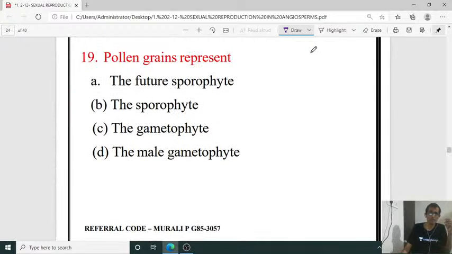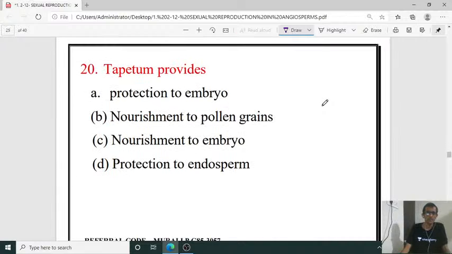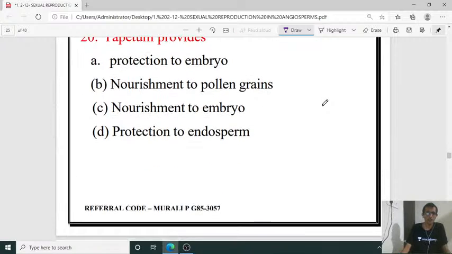The 19th one: pollen grains represent what? The male gametophyte. Pollen grains are called male gametophyte. Then tapetum provides what?